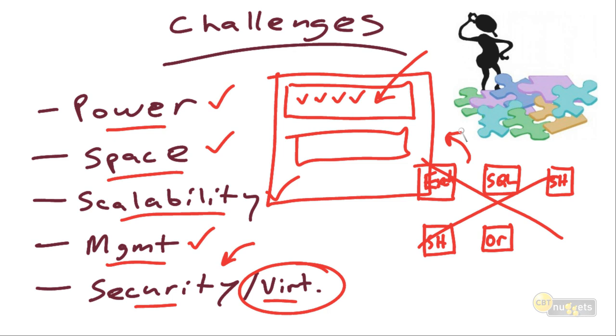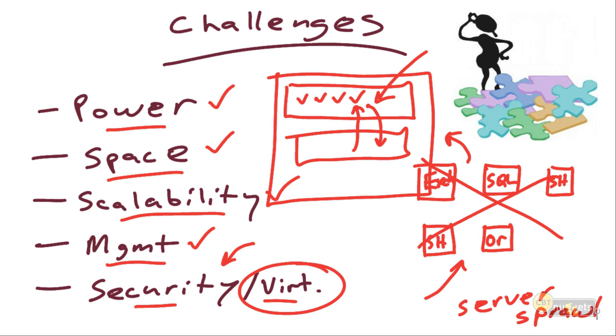Thanks to virtualization, you can even migrate them from physical blade to physical blade. As a matter of fact, you could even migrate them from one chassis to another chassis in disparately located data centers. So, the challenges that we face today are due to something we call server sprawl.